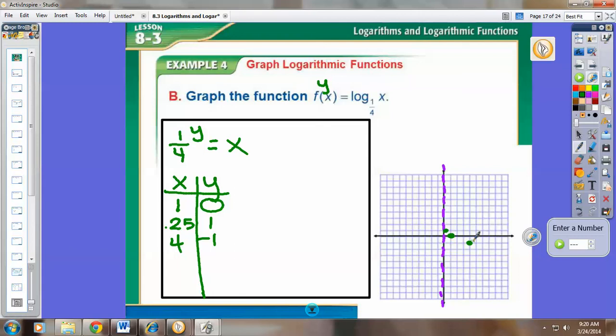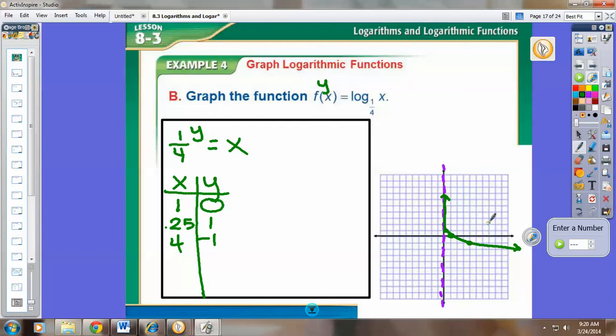We have a pretty good idea of what our graph is looking like. We can go ahead and sketch it in. Remember, it doesn't actually cross that asymptote, it just gets closer and closer to it.